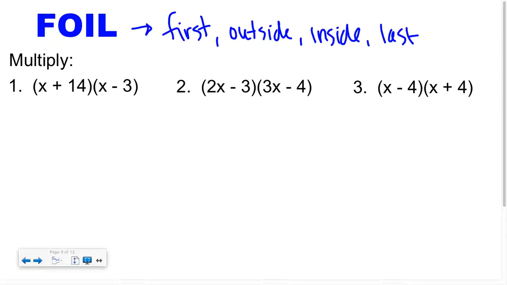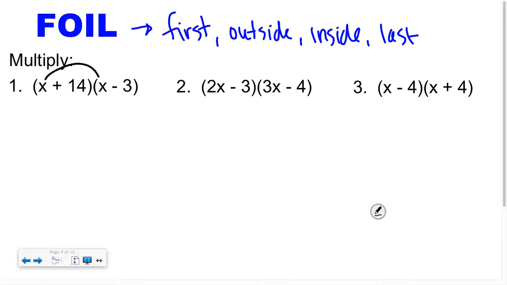I'm not sure how your teacher taught you last year with monkeys and rainbows and clouds or whatever for your FOILing. I'm just going to go based off of what it says. For FOILing, multiply your first terms. We take x times x, and what do we get? X squared.